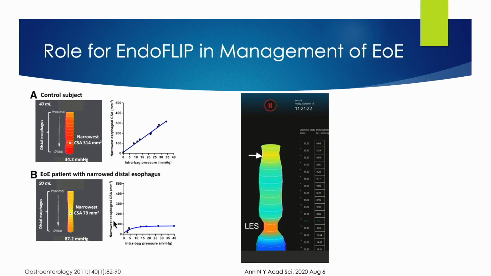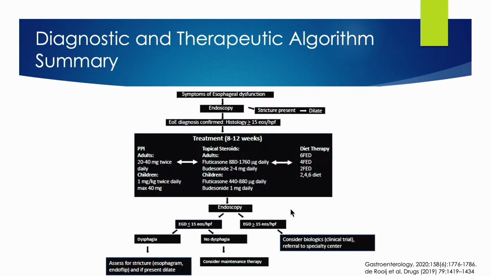And it's been shown that these patients who have low distensibility plateau are more likely to experience food impactions. But also visually, it could help us identify subtle strictures. Here is where the LES is, and here you could see that at 14 millimeters, there is a subtle stricture.